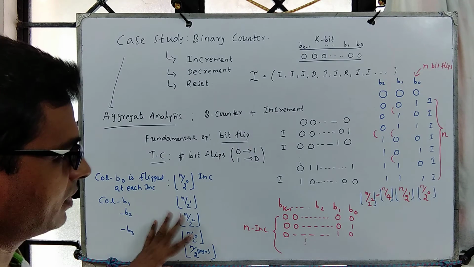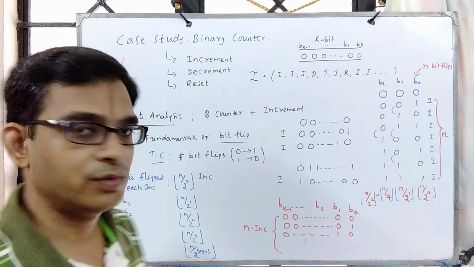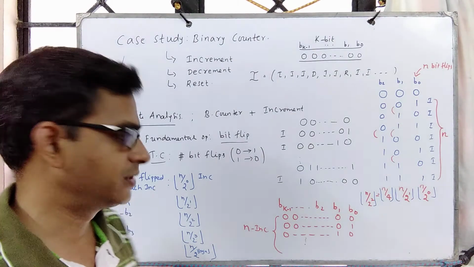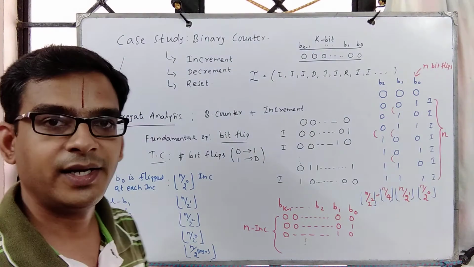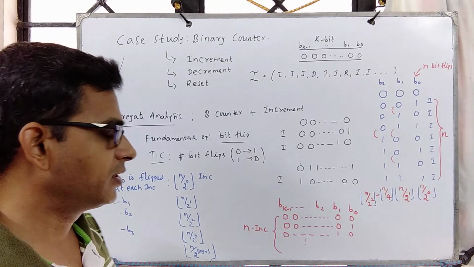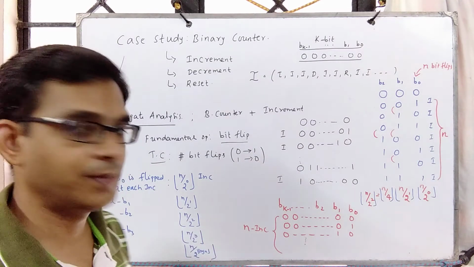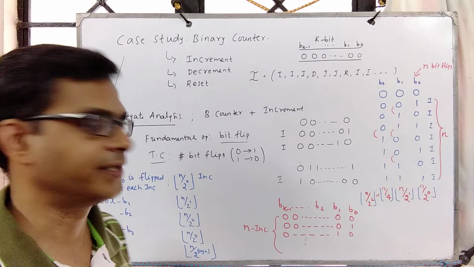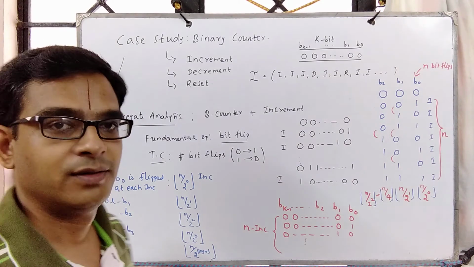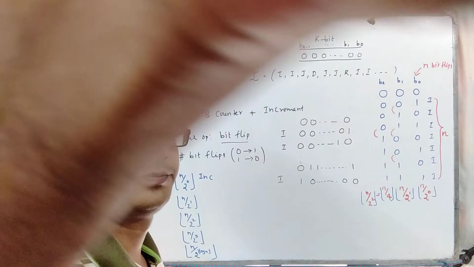If you just sum this, that would give you the total number of bit flips. That divided by the number of increments will give us the amortized cost of each increment. Fine.